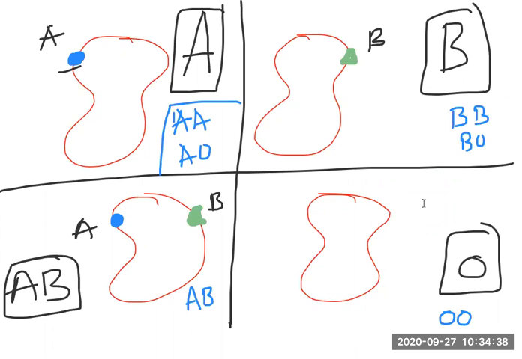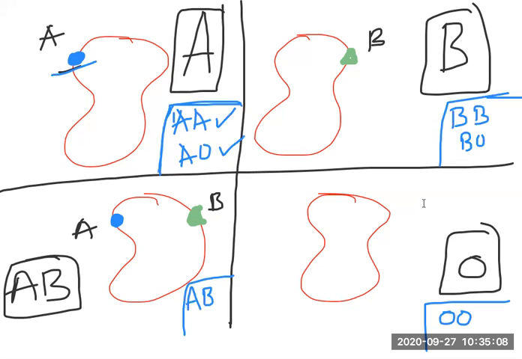There are two genotypes possible for A blood group and two for B blood group, one for AB and one for O. So if I am an A blood group person, on my RBC there is a sugar polymer called A, and my genotype may be AA or AO.